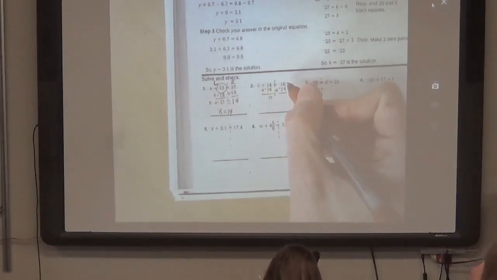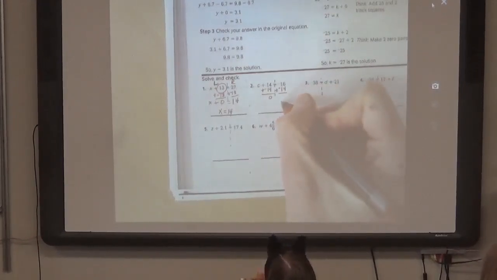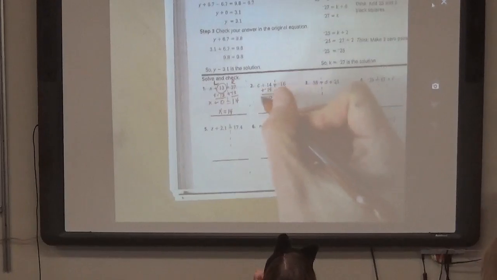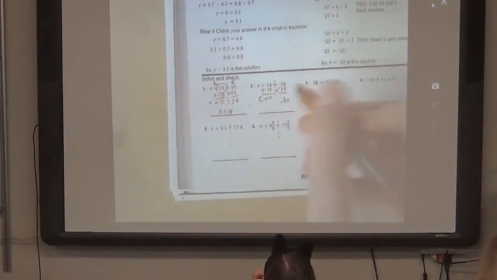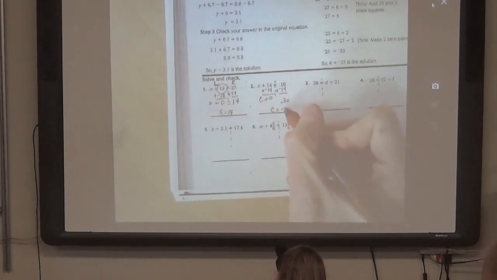You add them. Negative 16 plus negative 14. What's negative 16 plus negative 14, Alex? Negative 2. I mean, negative 30. It's negative plus negative. And if c plus 0 is negative 30, that means c is negative 30. We have proven our solution.